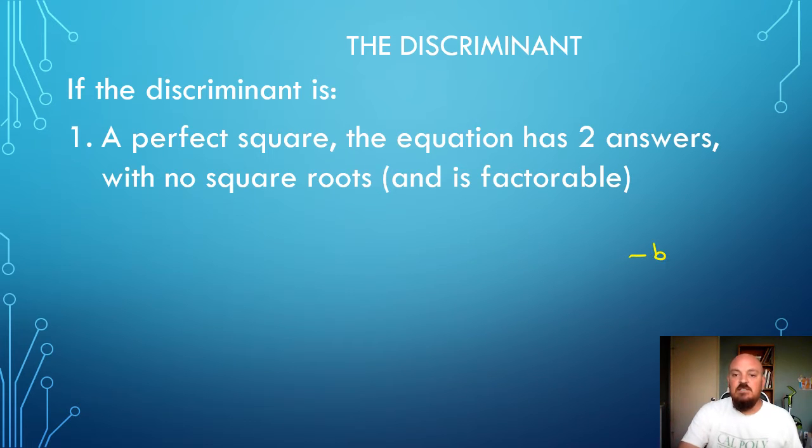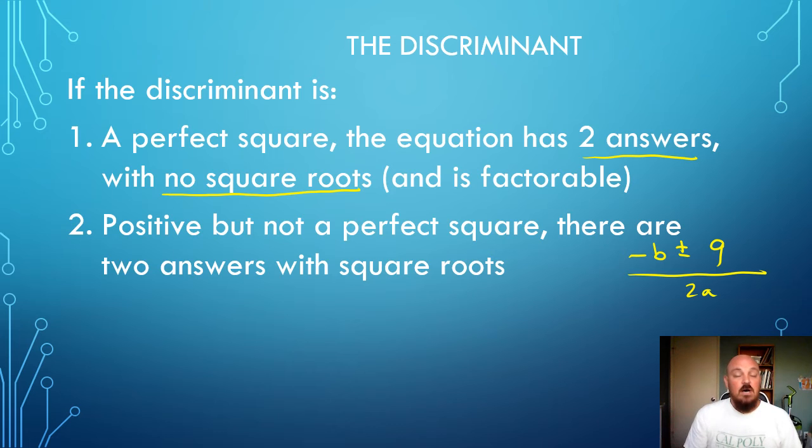The quadratic formula is negative b plus or minus square root of something all over 2a. So if I get a perfect square, like let's say I get an 81, well, what happens is the square root of 81 is 9. So the square root part actually disappears. And what you get there is just the number 9. So you're getting 2 answers with no square roots.